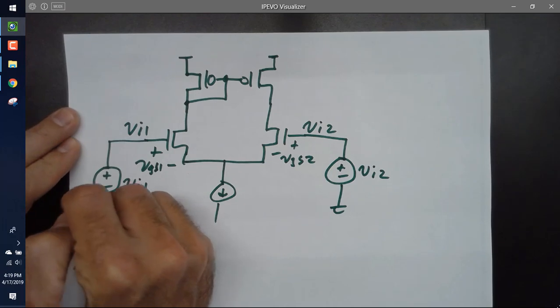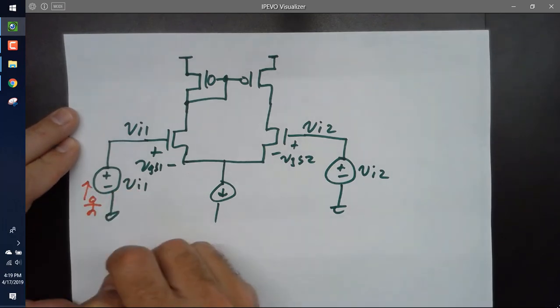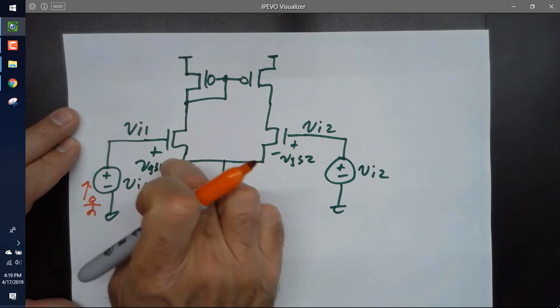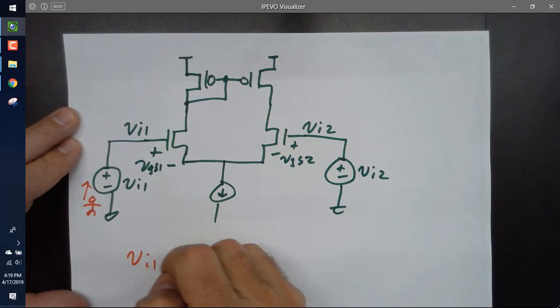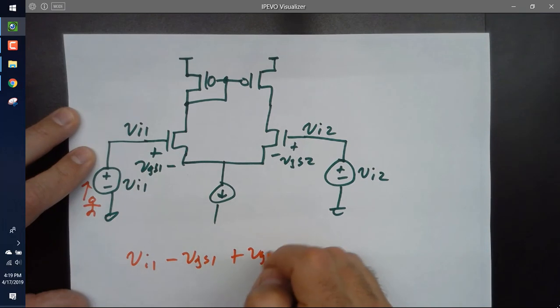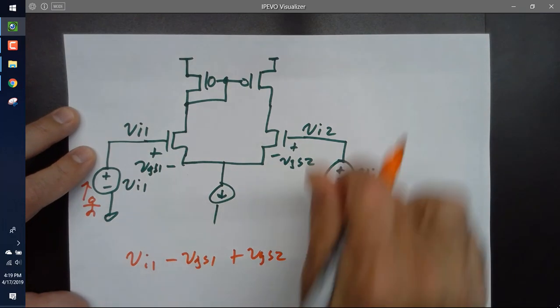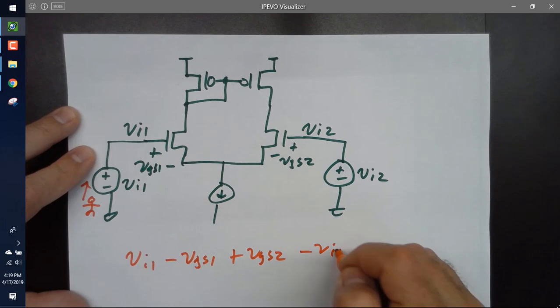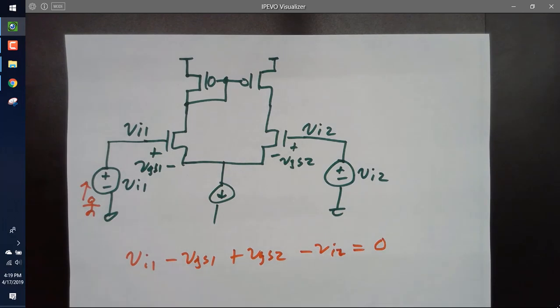Start running from here. So I get Vin1, and then I go down, minus VGS1, then I go up, plus VGS2, then I go down, minus Vin2, equals 0. Anybody agree? All right.